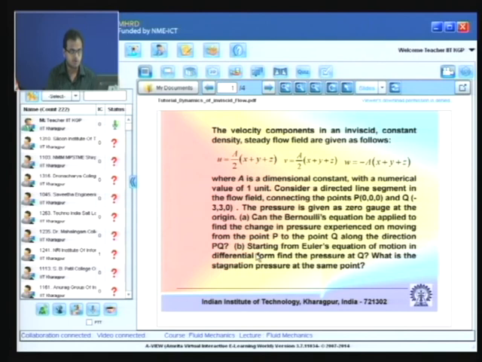You need to follow the derivations which Professor Chakravarti had done, and after this you need to find out what the pressure at point Q is. Note that the pressure at point P is given as 0 gauge. So, we will move on to the next question.